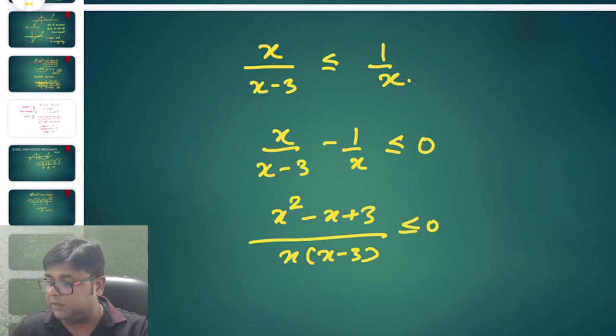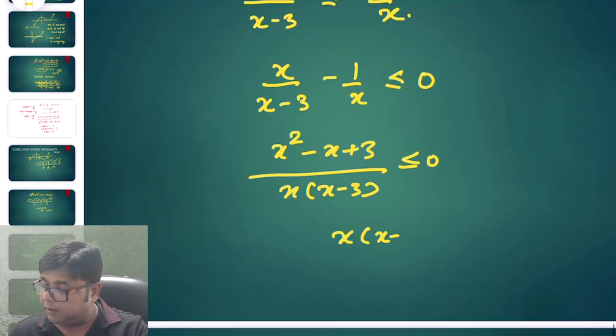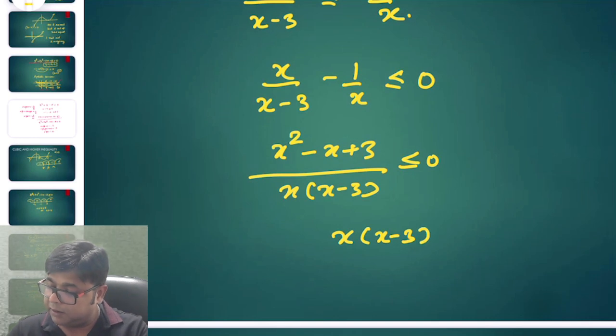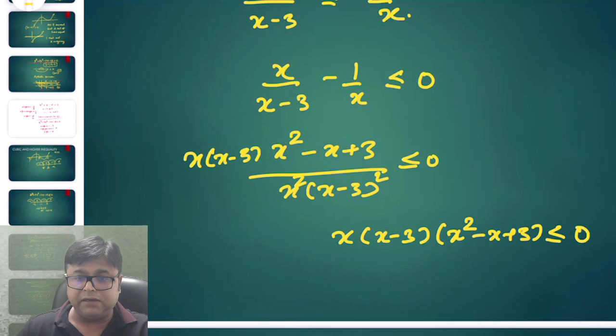Now perform the same process, multiplying and dividing by the numerator, right? And now I can cross multiply, right?